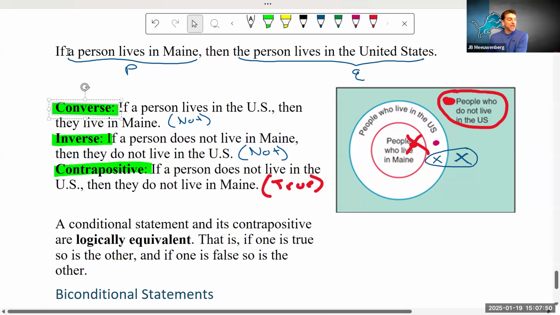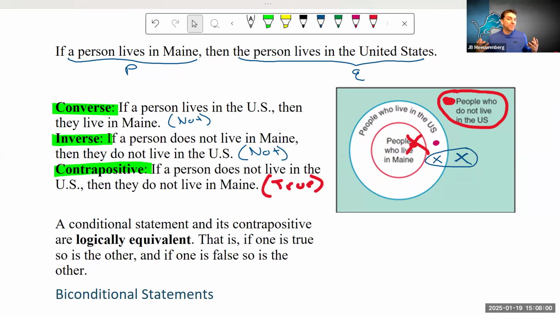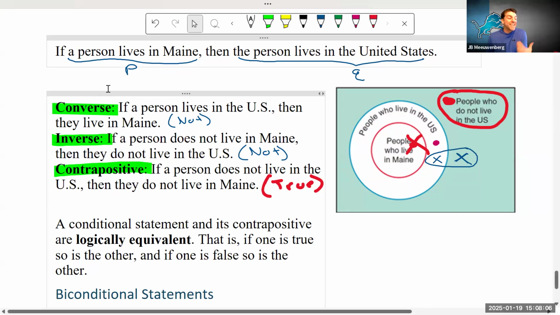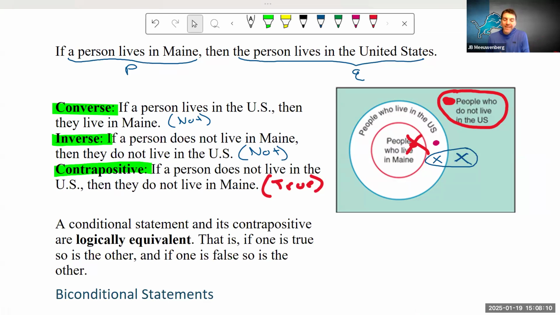The conditional statement, if a person lives in Maine then they live in the US, that may be true, but its converse may be false. However, sometimes both of them are true. Sometimes the original conditional statement is true and its converse is also true.